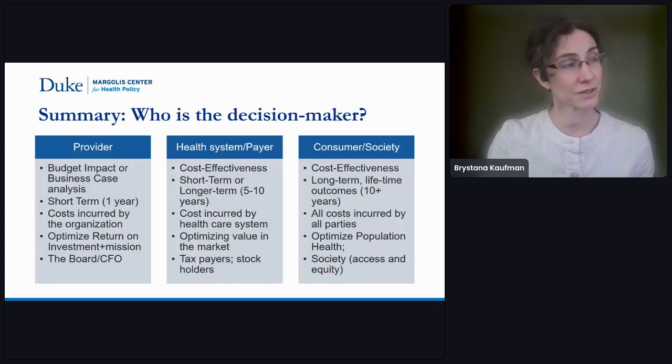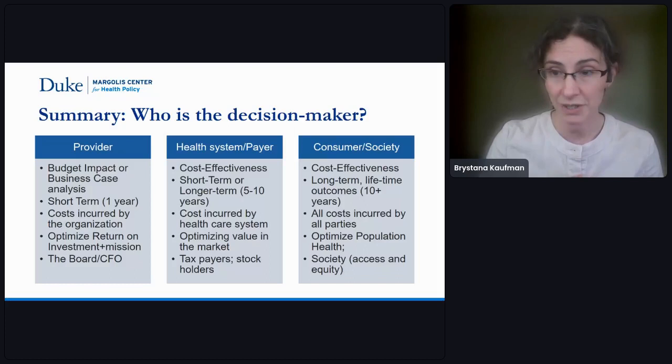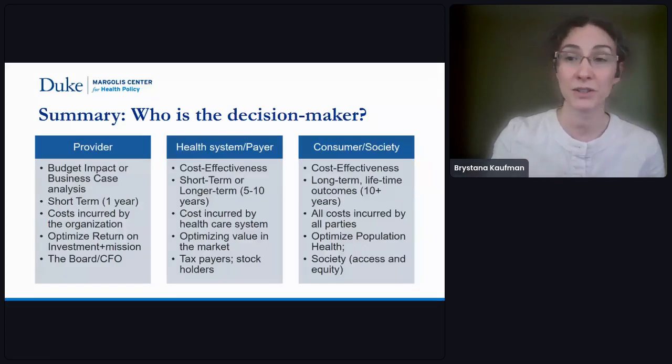Often for that decision maker, you have a more limited definition of cost. So in a perfect world, we would look at the cost for everybody. But if you are a hospital administrator, what is really going to make your decision is what are the costs to my organization and what is the revenue that I can use to offset those costs.